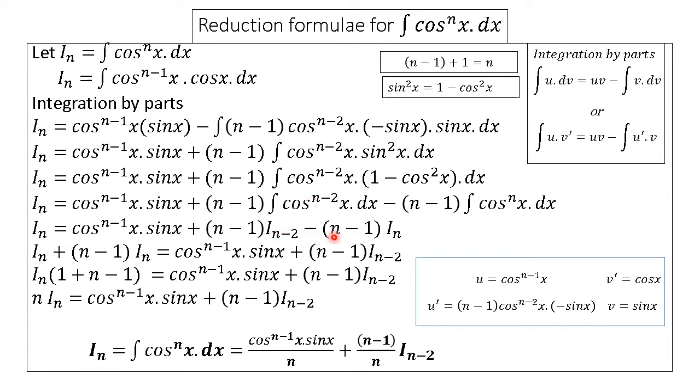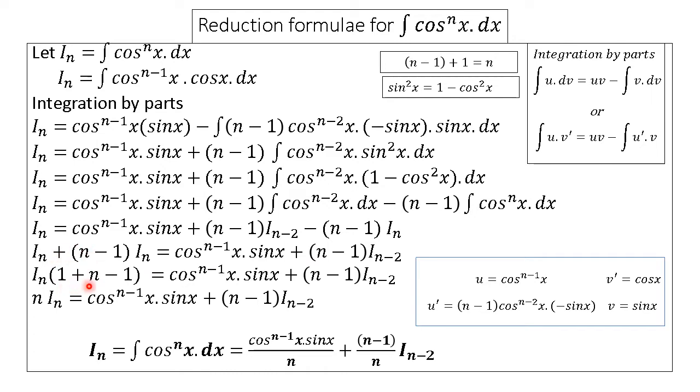Here minus of n minus 1 into integration of cos to the power n x dx is In. This one is In. In the next step, shift this minus of n minus 1 into In to the LHS. After shifting, here minus becomes plus n minus 1 into In. The remaining terms are same. In the next step, take In common.